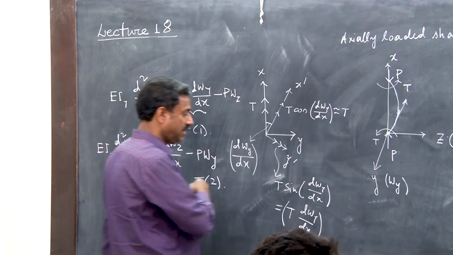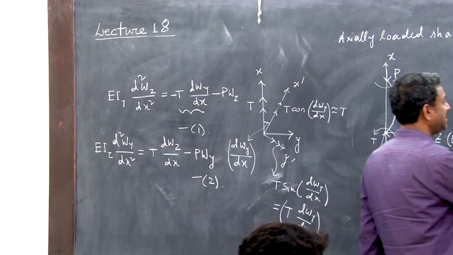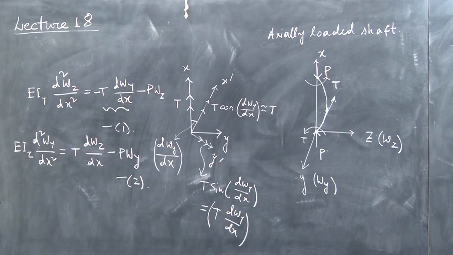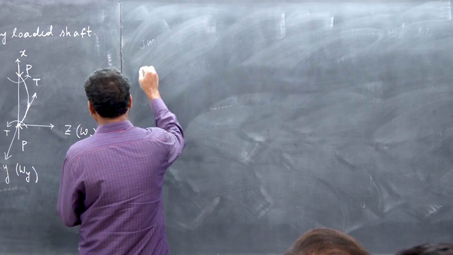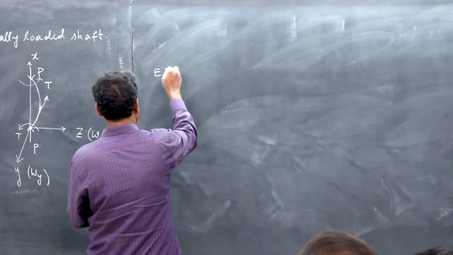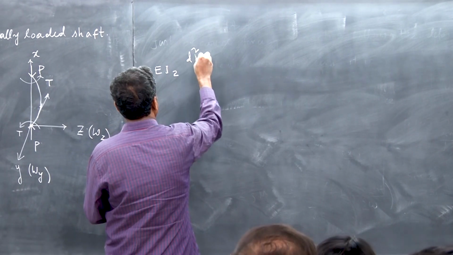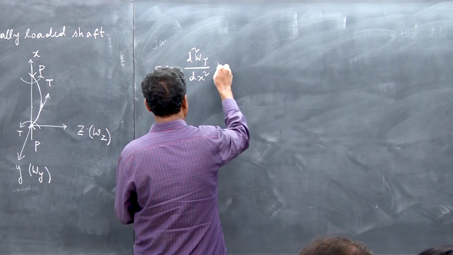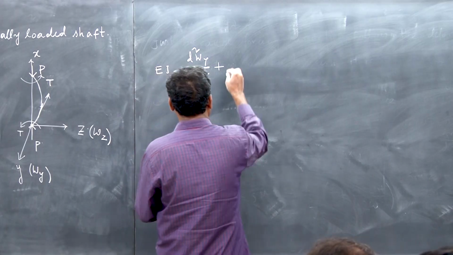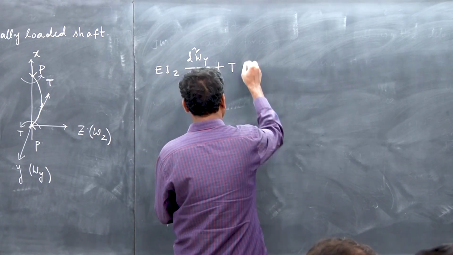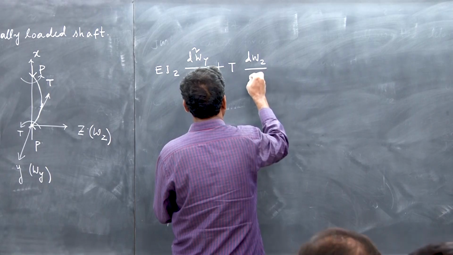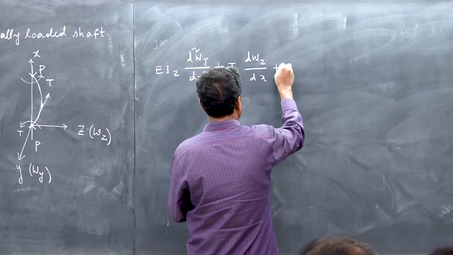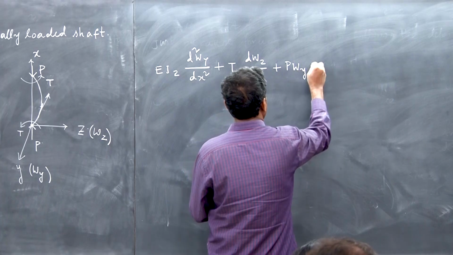So now if I combine these two as a system, then what will I write? That is basically nothing but the choice of coordinate system. In both the equations, it will look like EIz d2Wy/dx2 plus, if you take it to the right-hand side, plus T dWz/dx plus PWy is equal to 0.